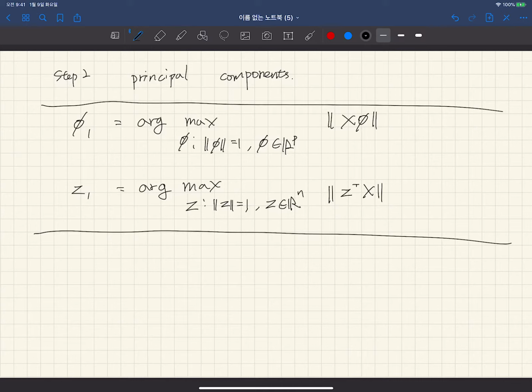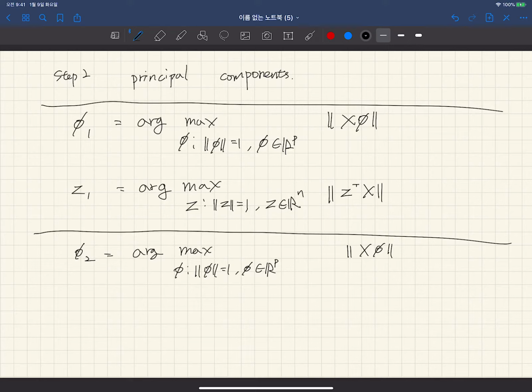You can define the second principal component as well. Like before, this is argmax over pi having unit norm, and of course this belongs to p-dimensional real space, and then maximize the norm of x times the pi vector, which will give you the same vector as before. So the result will be pi 1.